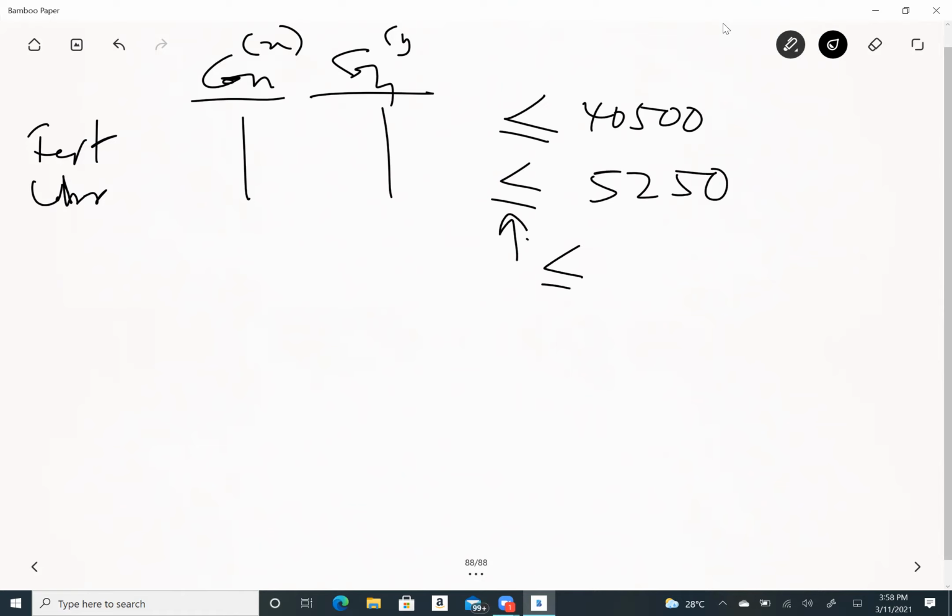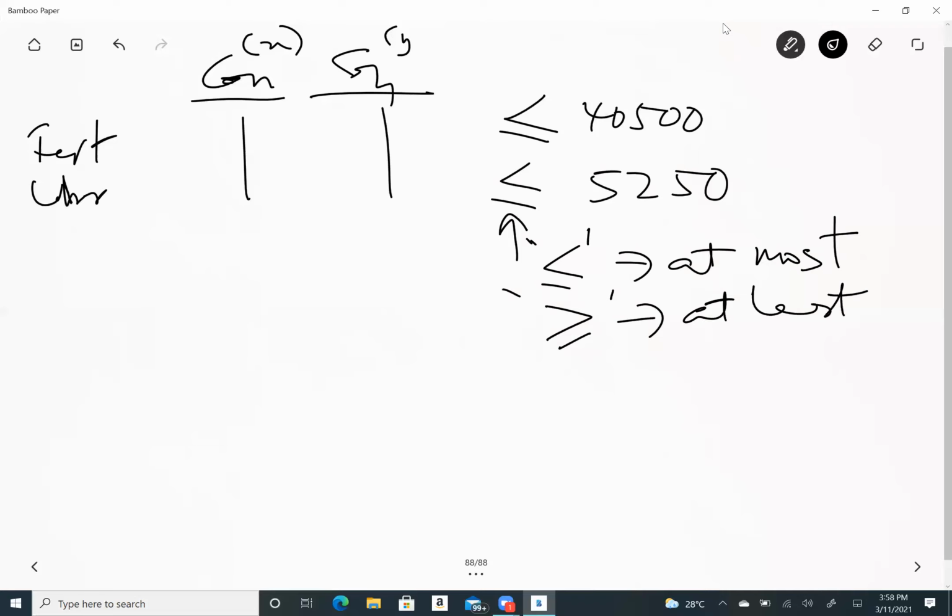Less than or equal to, most of the time they use at most. At most means that is the maximum. Sometimes the bigger than or equal to, they will say at least. At least means that is the lowest, it can be higher. At most means that must be the highest, to be lower.